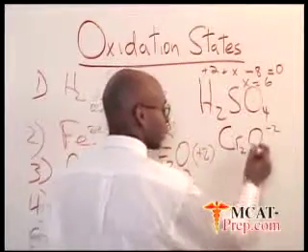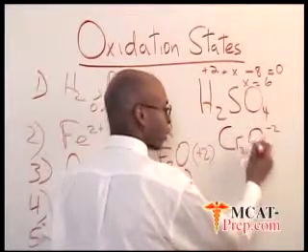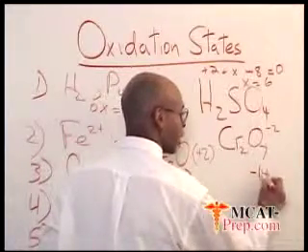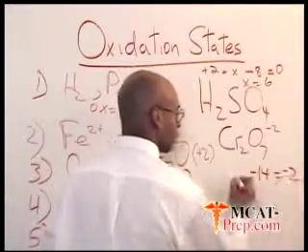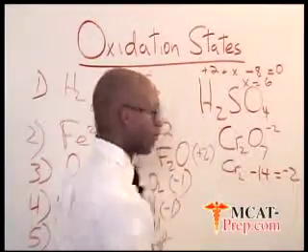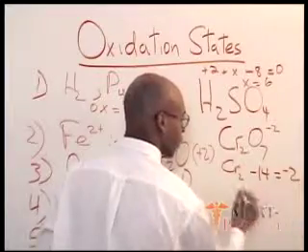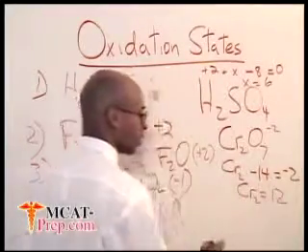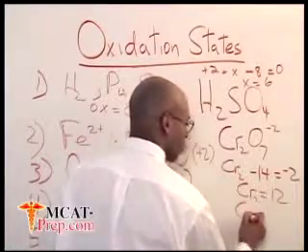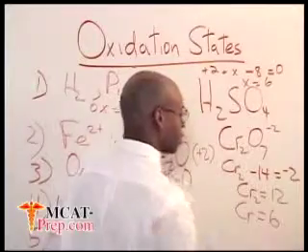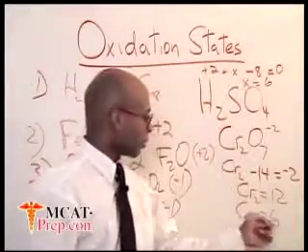In order to calculate it, we say -2 for oxygen, -2 times 7, so we have minus 14, and that's going to equal minus 2. So we have Cr2 minus 14 equals minus 2. We bring the 14 over to the other side. We have Cr2 is equal to 12. So that means that the 2 chromium is equal to 12. So chromium is going to equal 6. So the oxidation number is 6.